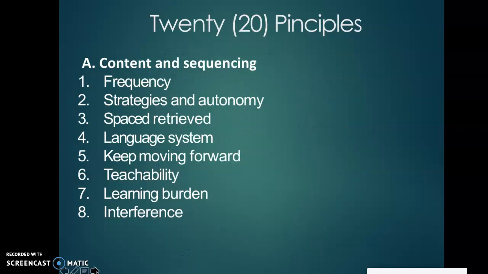The first part of this session is talking about the principles related to content and sequencing. So we have frequency, strategies and autonomy, spaced retrieval, language system, keep moving forward, teachability, learning burden, and also interference.